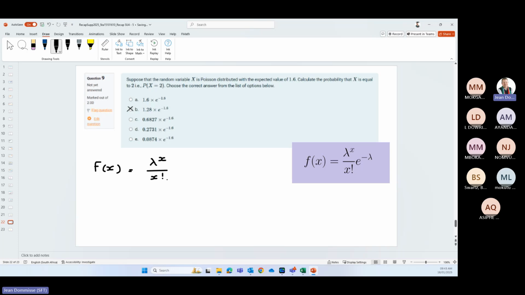You will have this formula, so please don't learn it off by heart. So let's see the information that they give us, and how we can populate this formula. They tell us, suppose that the random variable X is Poisson distributed with an expected value of 1.6. And so we know that lambda is 1.6.